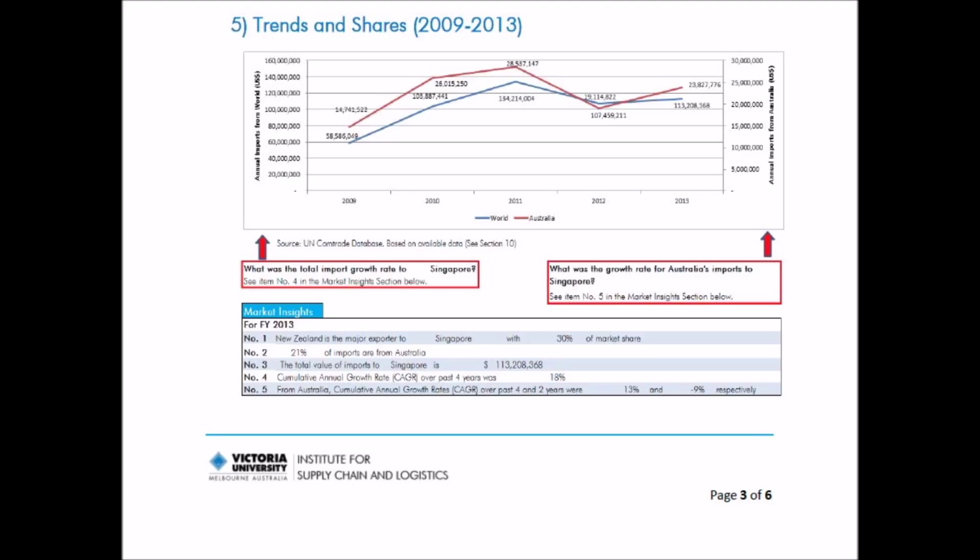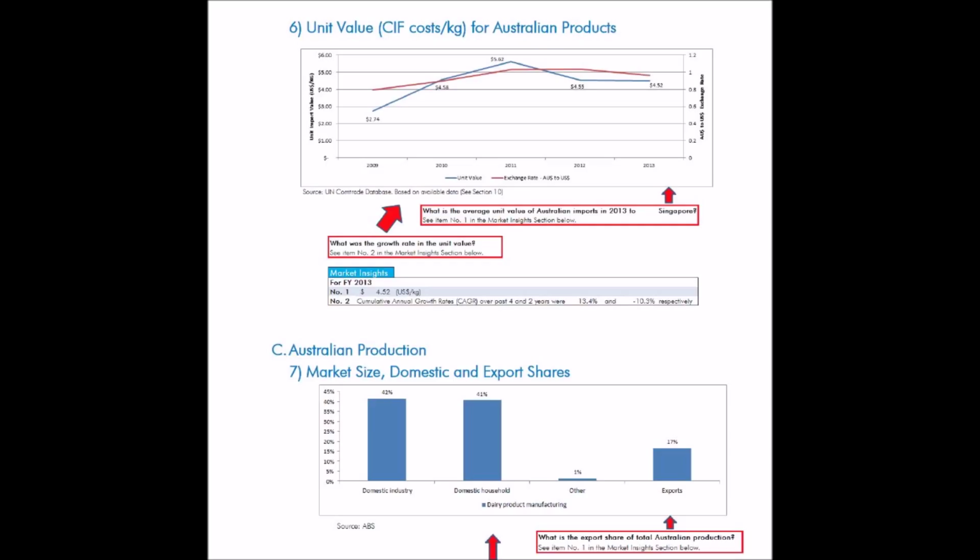But the other important indicator is that there's been a higher reduction in the Australian imports. In other words, Australia's share has been reducing, and that's a common story that we hear. So two factors are going on here, and that also then poses, if you're pursuing this market further, the question of what more detailed analysis would help me understand the drivers and the actual market shares. So the rest of this report gives you further information.